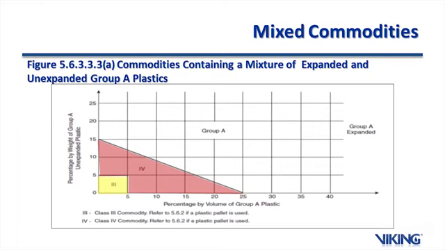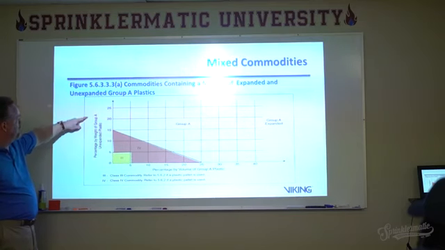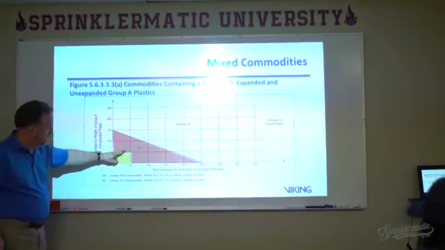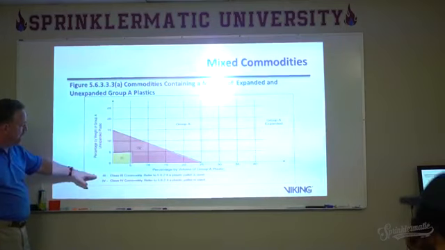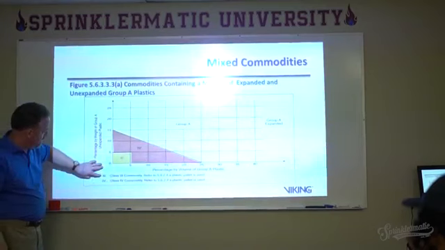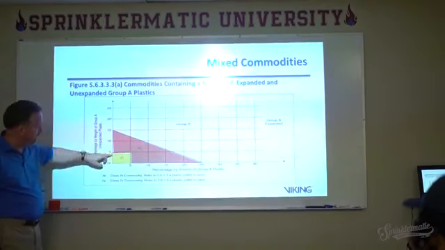So what we have here is a class 3 commodity, 5 and 5. 5% by weight, 5% by volume. Right here. Okay, it would be a class 3 commodity. This is group A plastics in a class 3 commodity, 5 and 5.